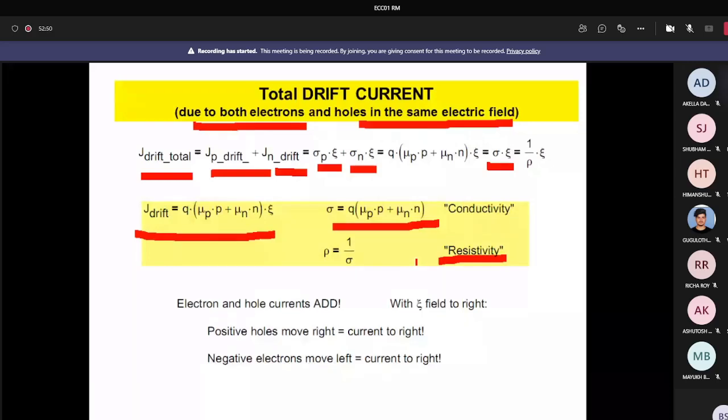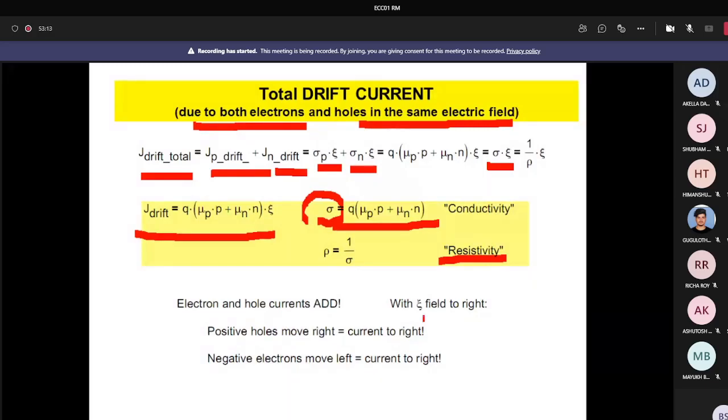So you can tune to get your desirable conductivity of that semiconductor for your device purpose. That means doping is a useful tool to tune the conductivity of semiconductors.